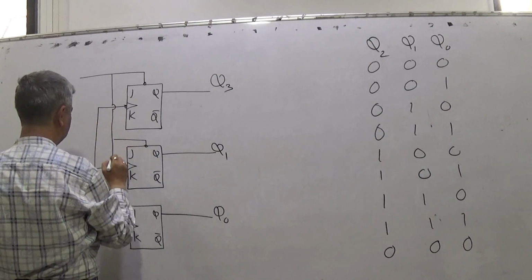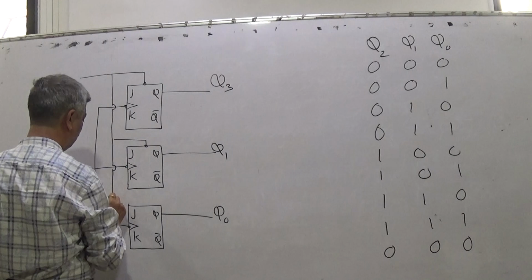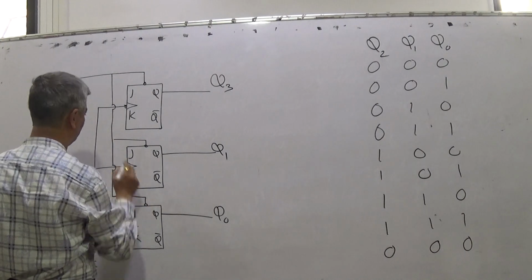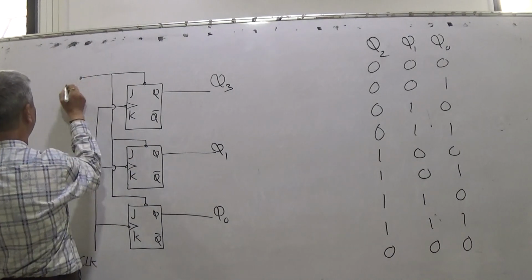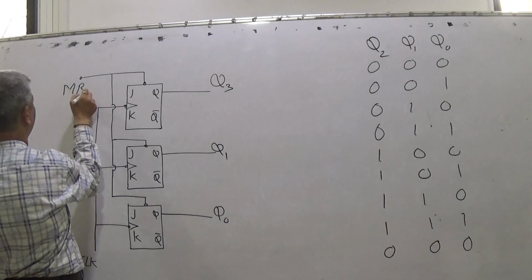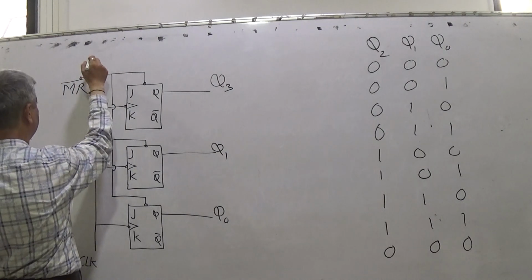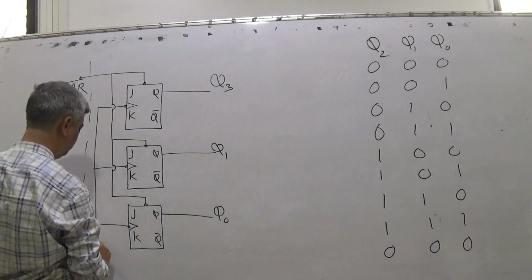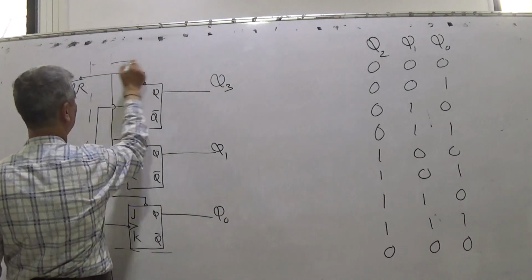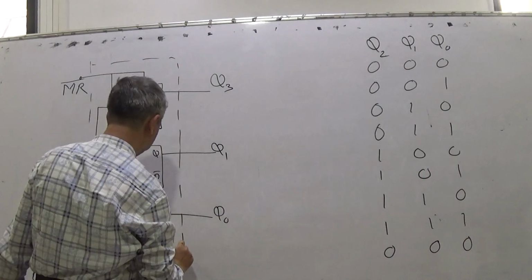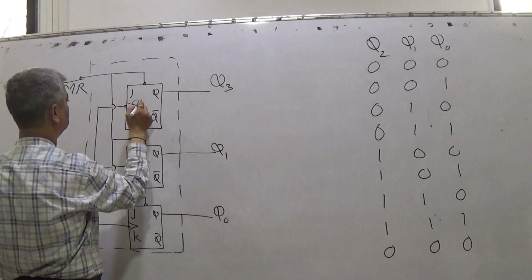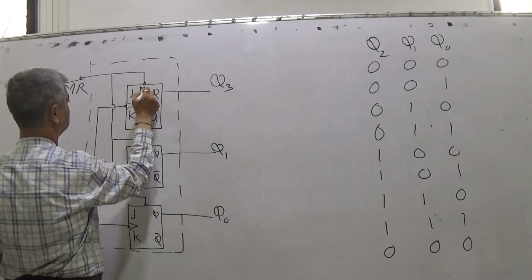If this master reset is made active, that is 0, then all flip-flop outputs become 0. This comes out as the overall master reset, and this comes as the overall clock. These are individual clocks, and this is the individual master reset.